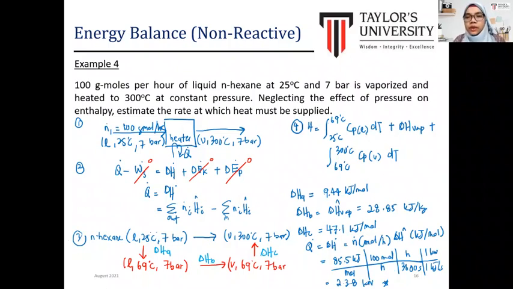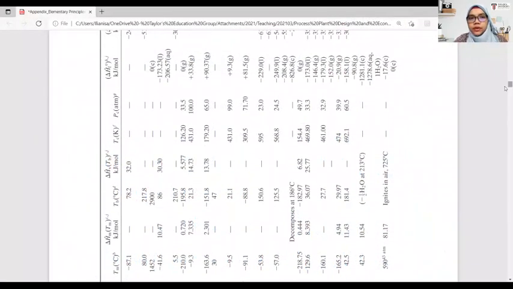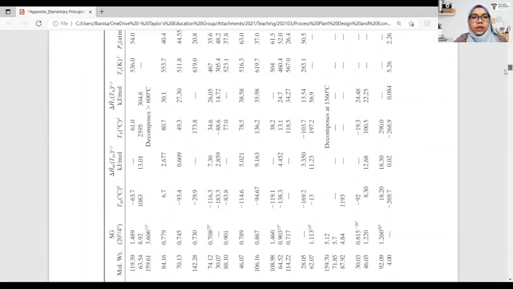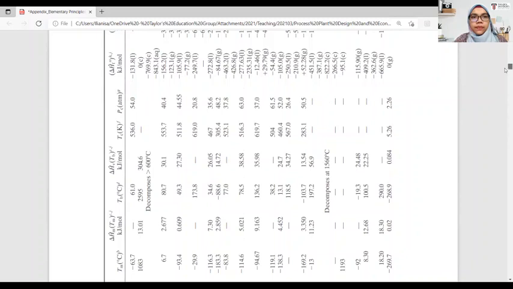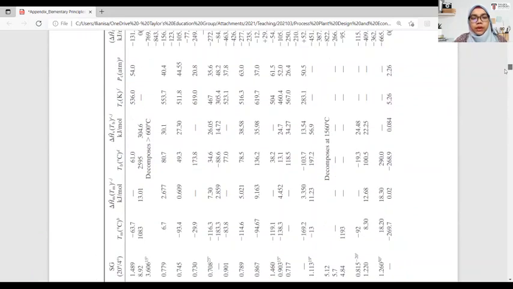All the data for Cp for the liquid and vapor, you may refer to the reference table. Maybe I can share the table with you here. Table B1 has the detailed information about the boiling point and also the heat of vaporization.